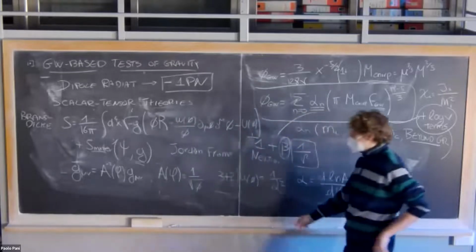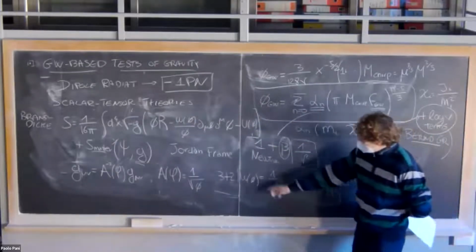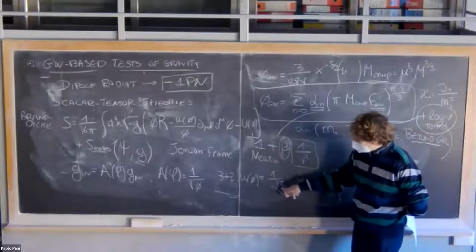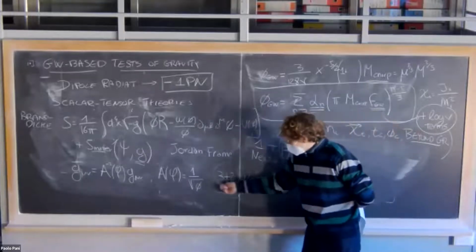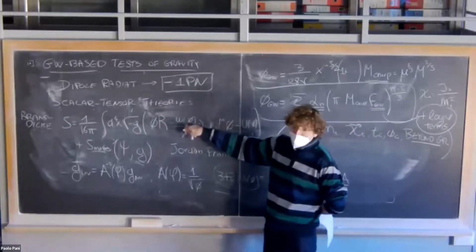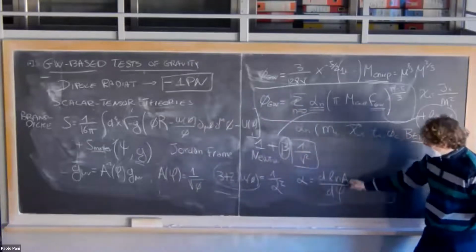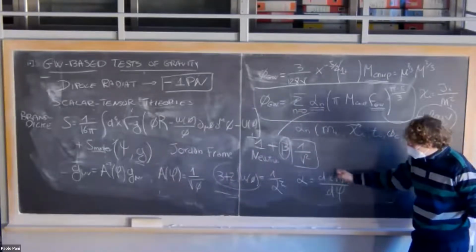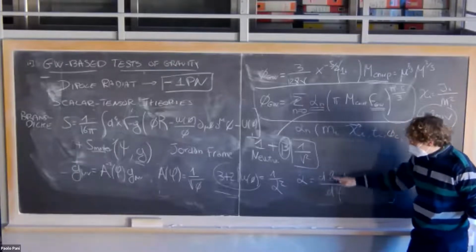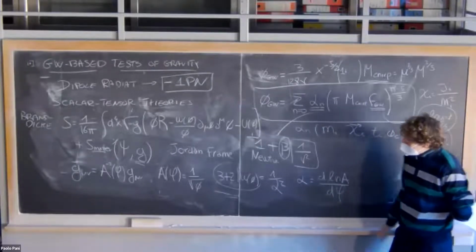So there are a series of transformations. Basically, you introduce this function alpha, which is just related to omega, entering the kinetic term. Then you introduce this function A that is related to alpha through this logarithmic derivative.